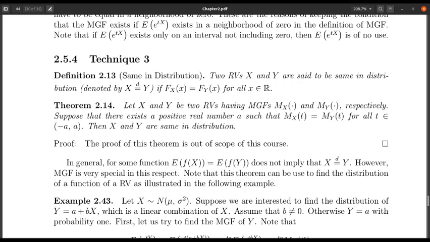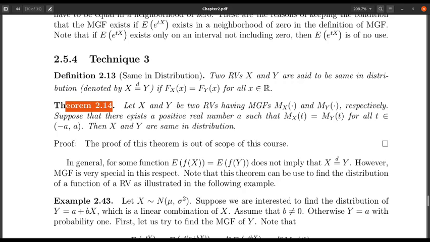Now let us talk about Theorem 2.14, which is the important, main theorem for technique 3. It says: let X and Y be two random variables having moment generating functions M_X and M_Y respectively.